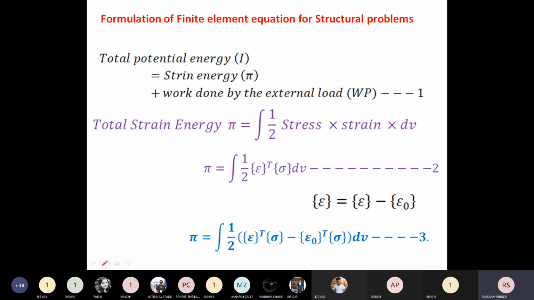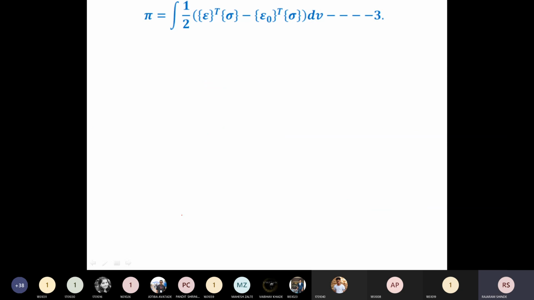Now same thing I will repeat for this stress. Now if we go for the stress is d into epsilon. Okay, d into epsilon. This equation I have taken equation number 3 as it is. Now I will replace this stress by d matrix, and this d matrix is material property matrix into epsilon.